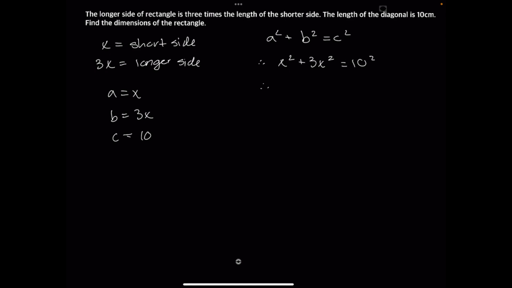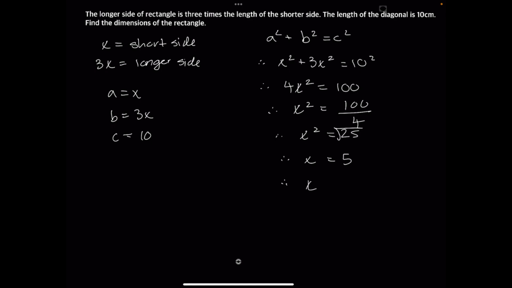Therefore 4x squared equals 100. Therefore x squared equals 100 divided by 4. Therefore x squared equals 25. Therefore x is equal to the square root of 25, which is 5.